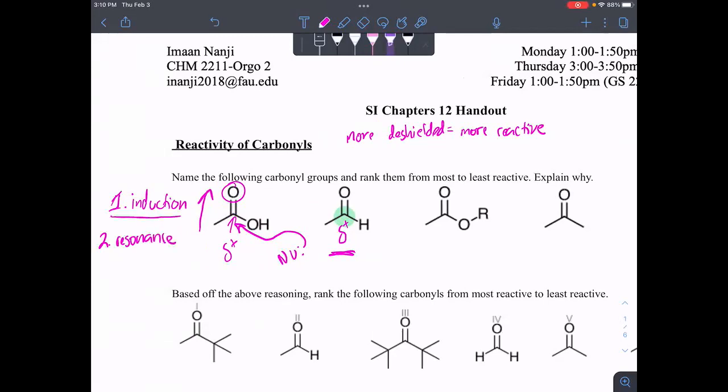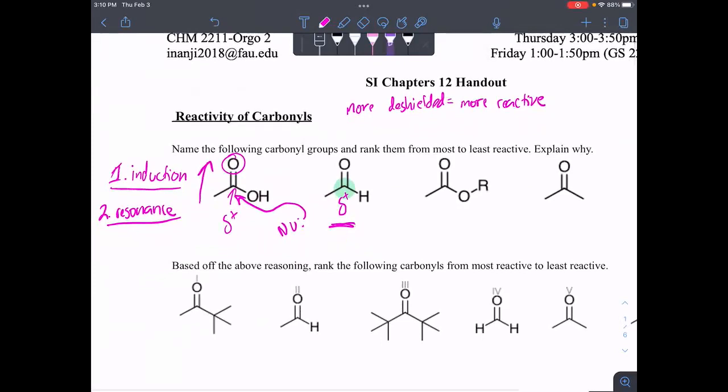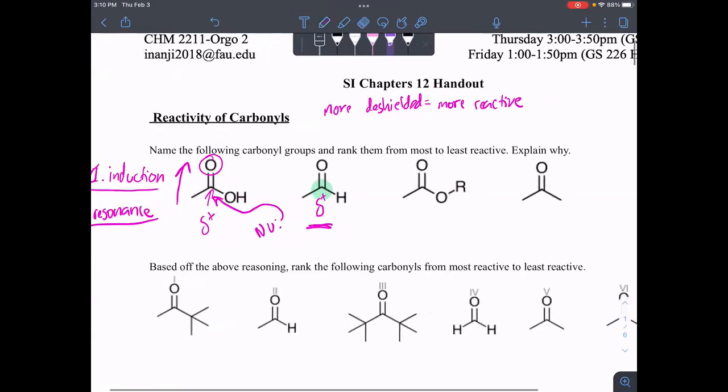So the more induction you have and the more resonance you have, the less reactive the carbonyl is going to be. So knowing that, how would you rank these 4 carbonyls? It's from most to least reactive.